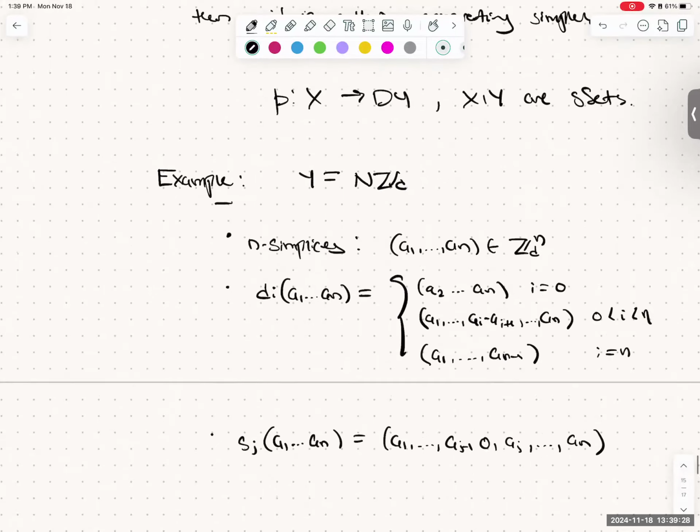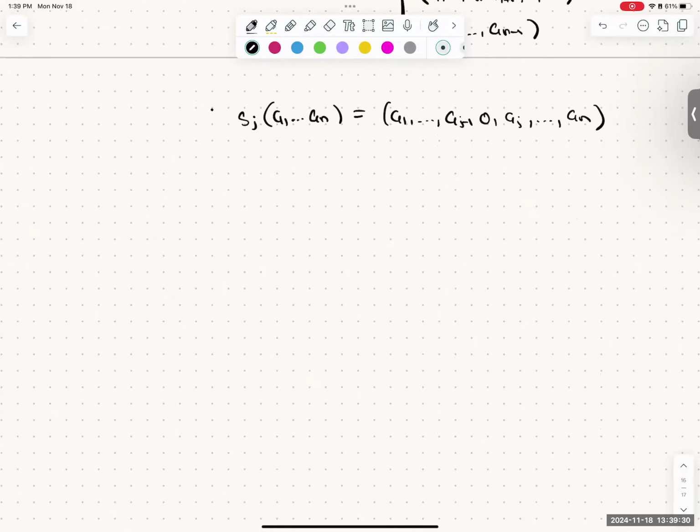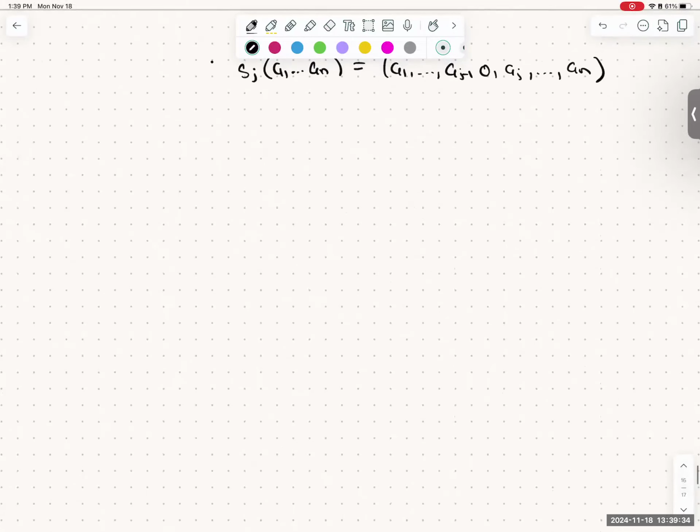So the degeneracy map just adds a 0. I want to introduce this to also talk about what the space of distributions looks like. We had this simplicial set N Z_d, and this is also a simplicial set.